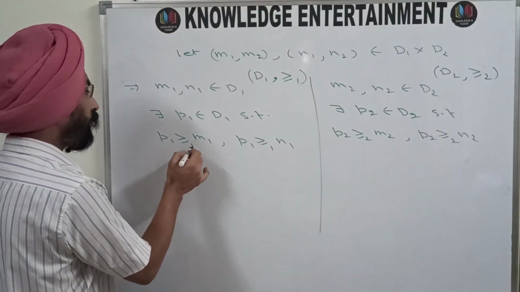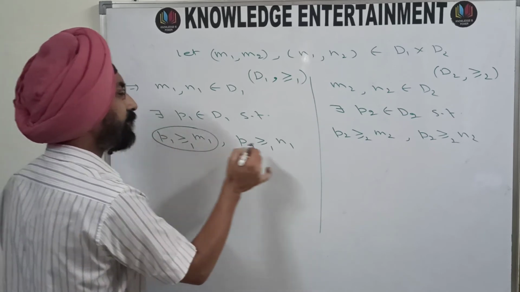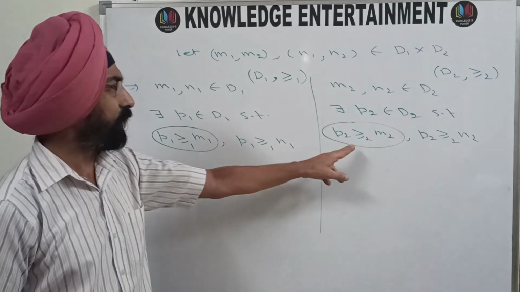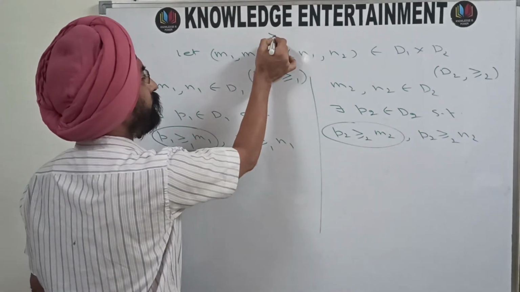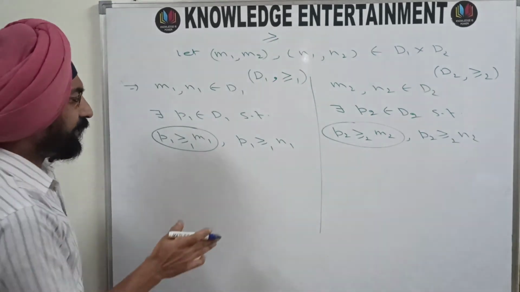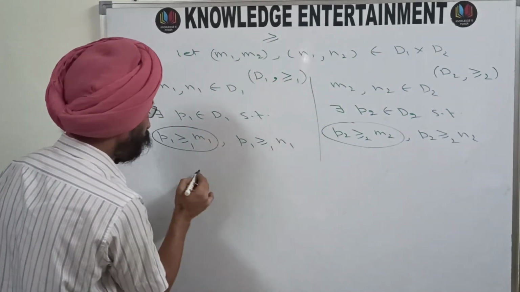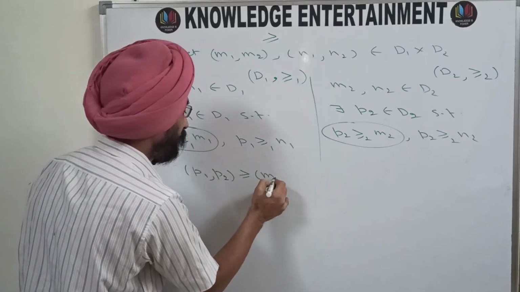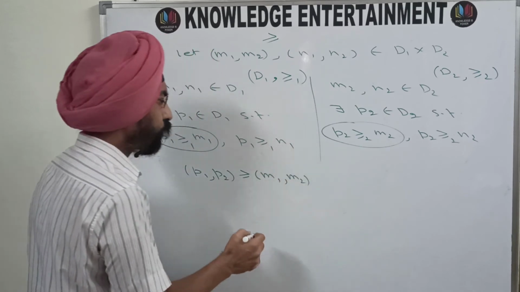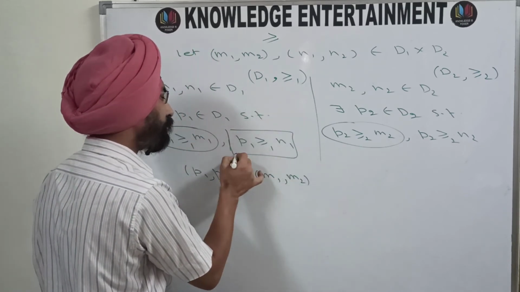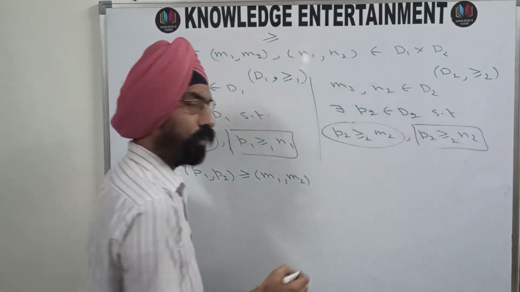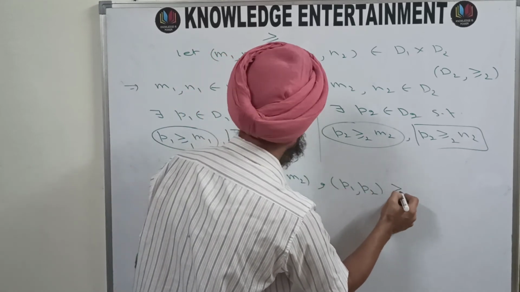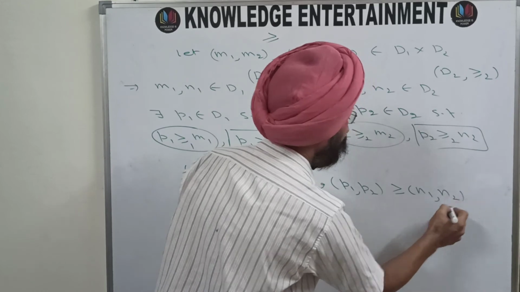Now look into this and this together and use the definition of your binary operation greater than or equal to. What you will get is that the ordered pair (P1, P2) is greater than or equal to (M1, M2), and now apply the same result on these two to get that (P1, P2) follows (N1, N2).